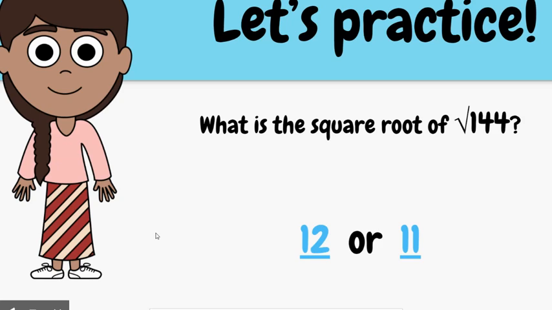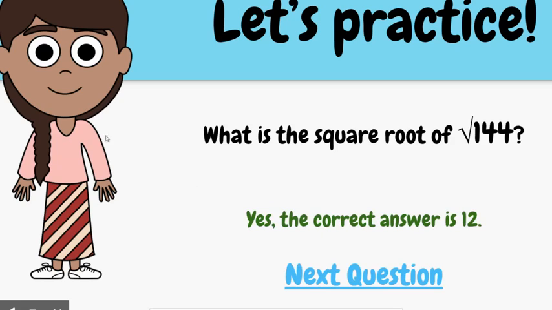So if you typed in your calculators 144, you type that in first, and then there should be a 2, there should be the square root symbol, and there should be the X. So all you have to do is click that, and it'll tell you what your answer is. So if you chose 12, then you are completely correct. Good job.